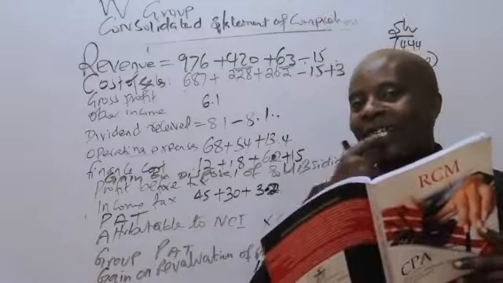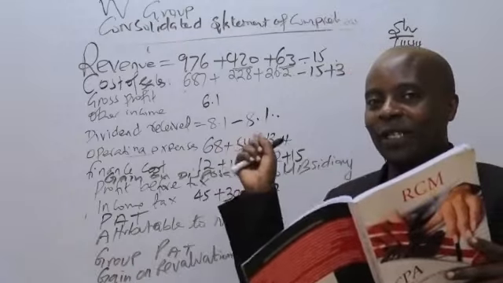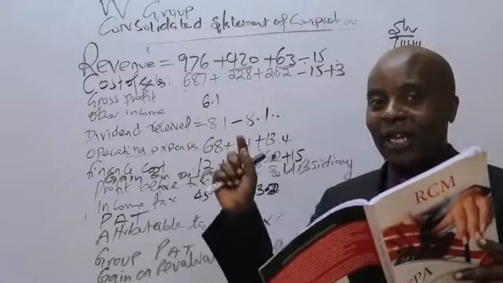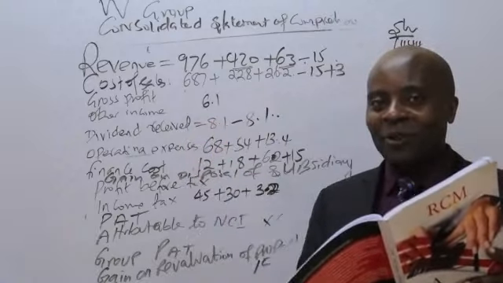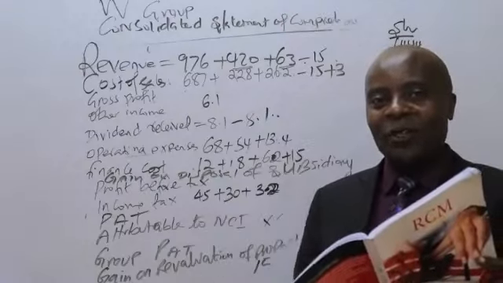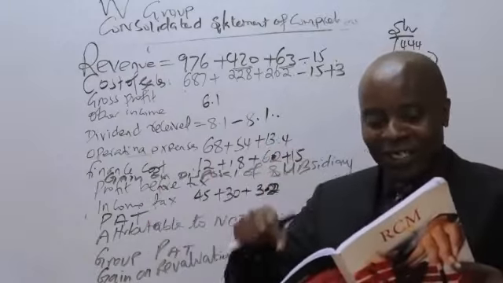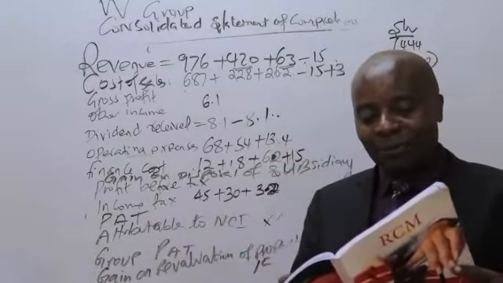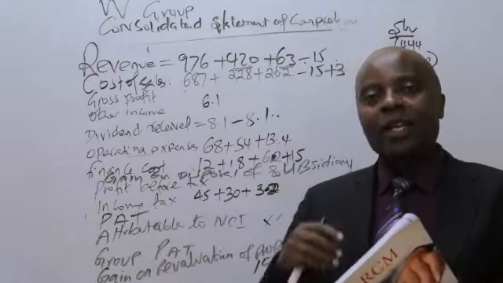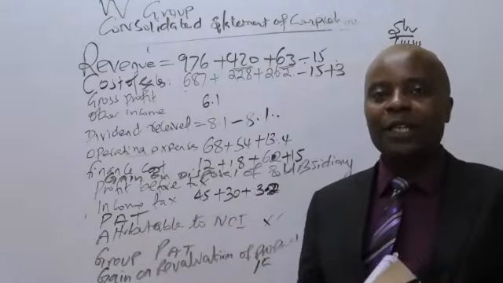The disposal of the subsidiary happened at the end of the year, so it means that the income of the subsidiary up to the end of the year is ours. It's a full disposal. They sold everything that they had in that subsidiary.